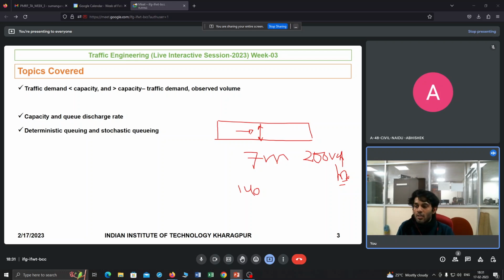But if it is greater than 200, like 220, the first problem is there will be congestion here, a congested, unstable situation will be created. The second point is that some vehicles, due to the long queue, because I can give you an example of Bangalore city.